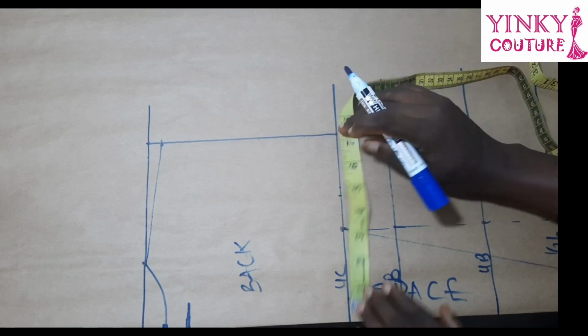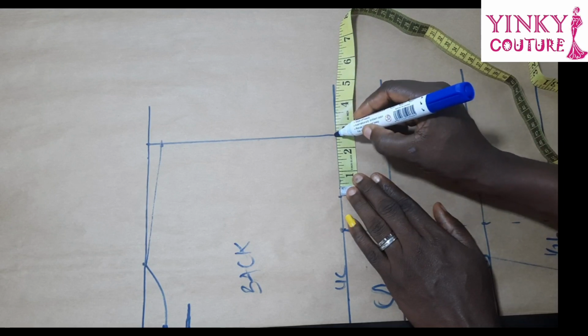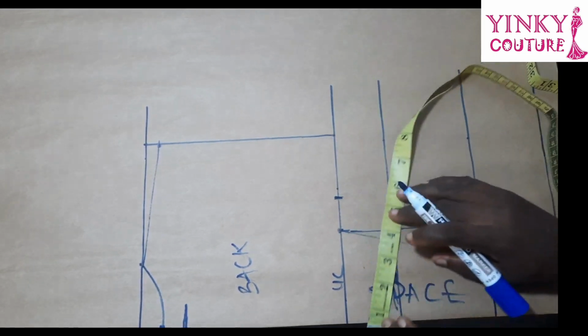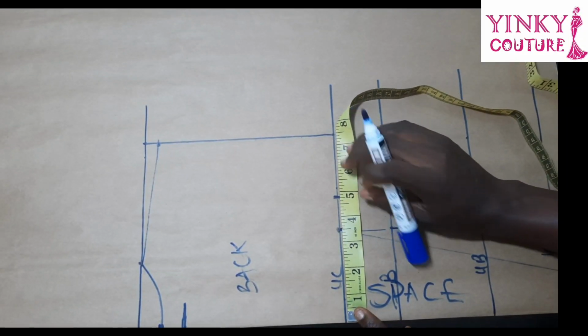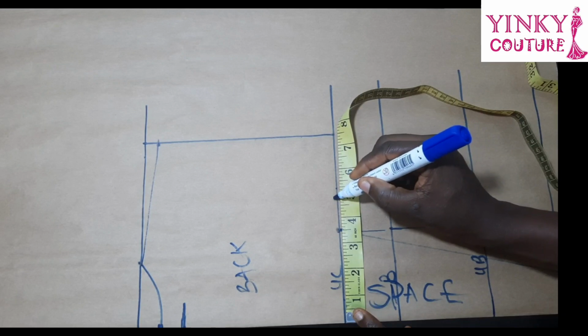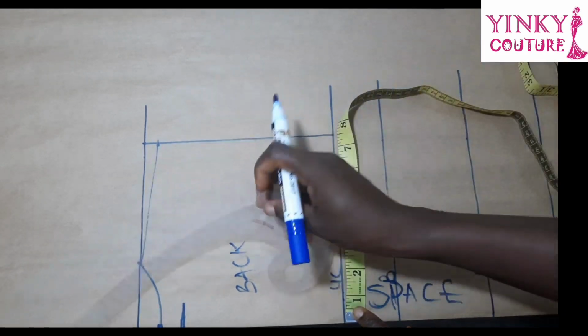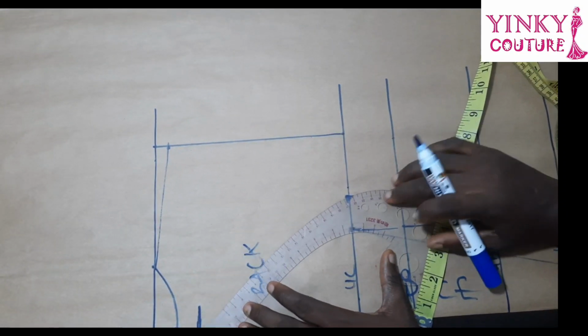So here the distance is 5 and here is 2.5, just the way we did for the front. So this 2.5 distance is what I'm going to connect to the button allowance. I want to cross check if I still have 5 here, because whatever happens to the front must be repeated for the back. So then I'm going to connect the shape.